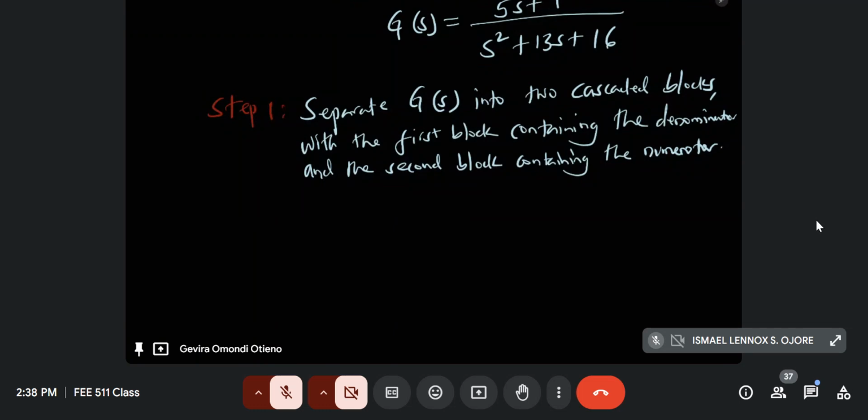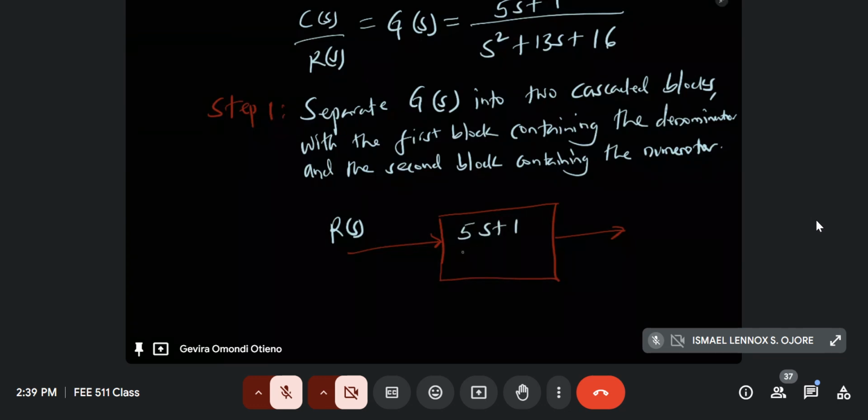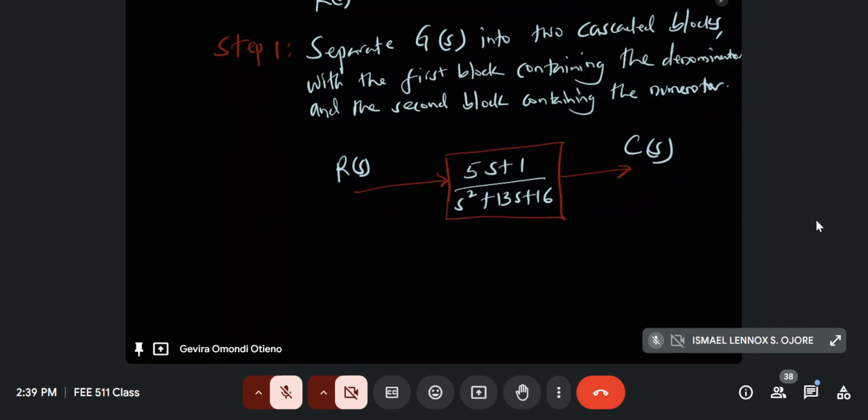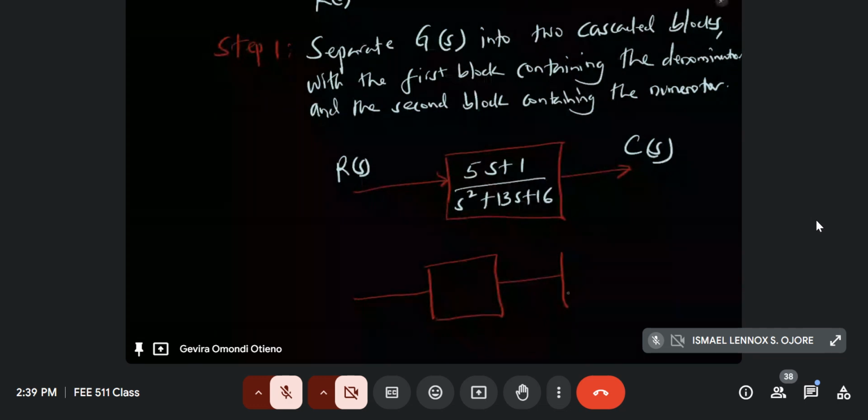Our G of S here is simply C of S over R of S. So as it is, our transfer function is of this form, where you've got your R of S, and it is 5S plus 1 over S squared plus 13S plus 16, and this is C of S. So once we have discovered that the numerator of our transfer function is a polynomial in S, then the rule says that we have to cascade it into two main blocks.